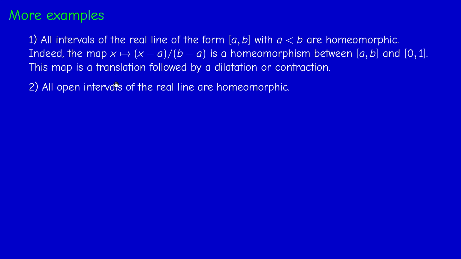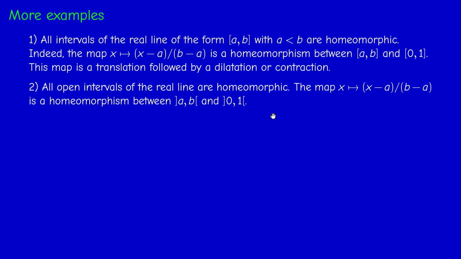Similarly, all open intervals of the real line are homeomorphic. First we prove that any bounded open interval (a, b) is homeomorphic to (0, 1) by the same homeomorphism, but we restrict its domain to the open interval. So the same formula works.